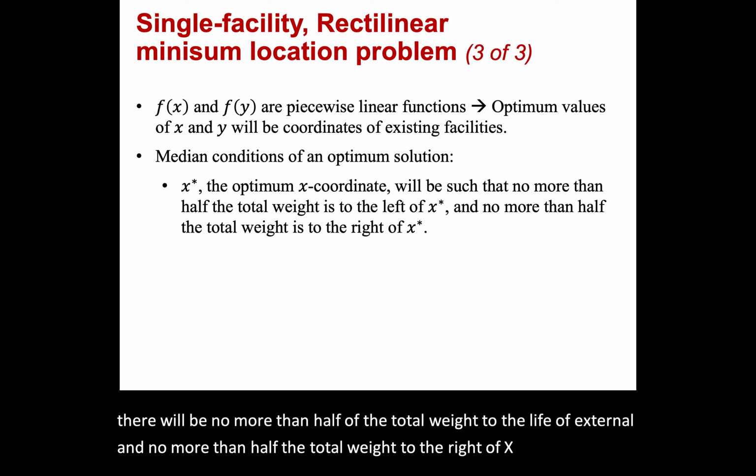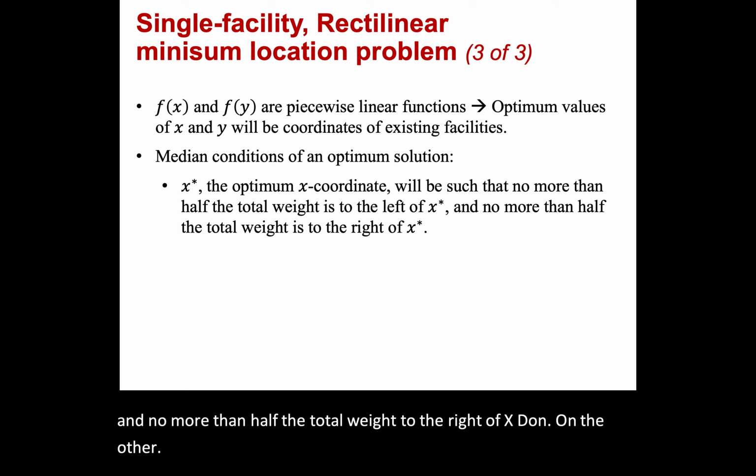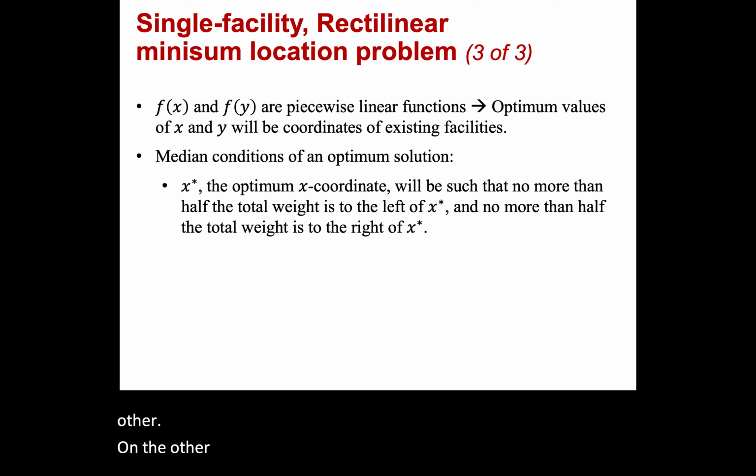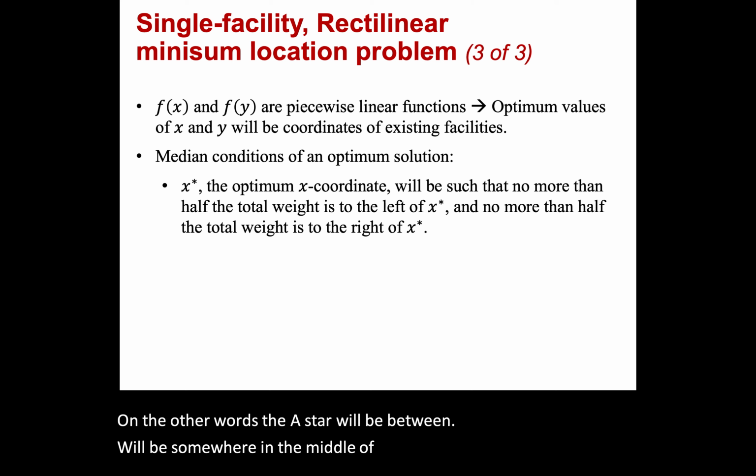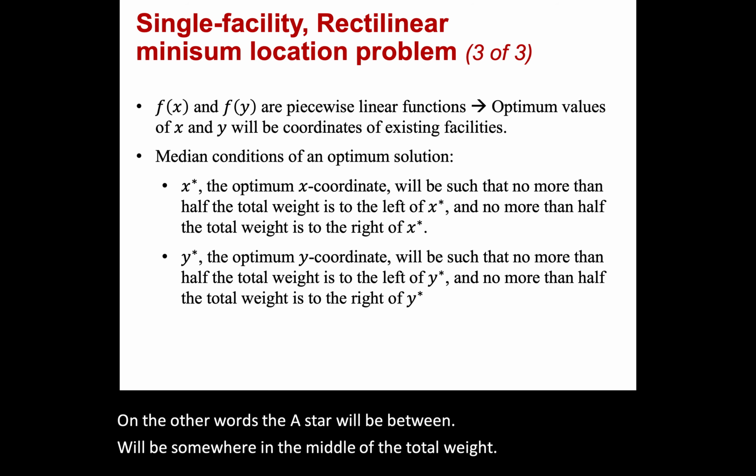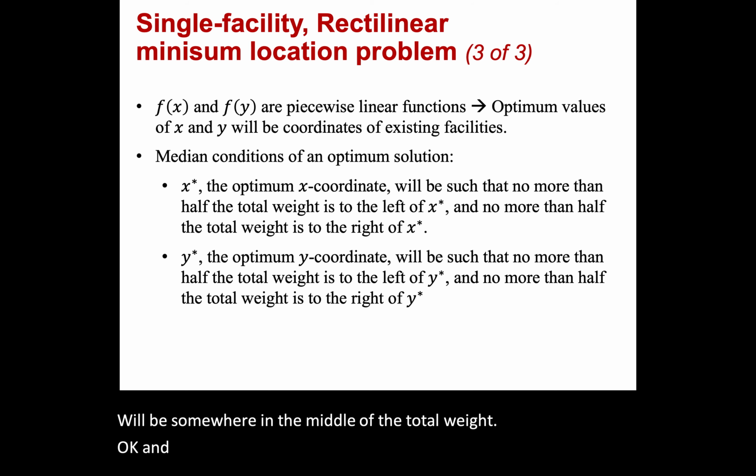In other words, x star will be somewhere in the middle of the total weight. Okay, and the median condition for the optimum y coordinate, y star, is also the same.